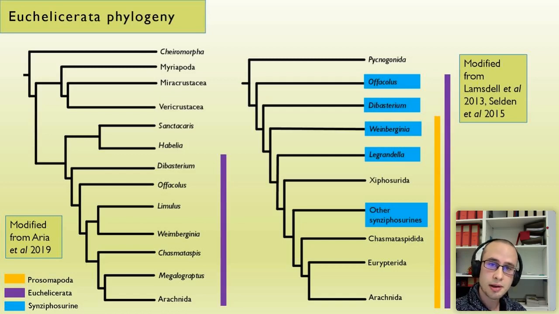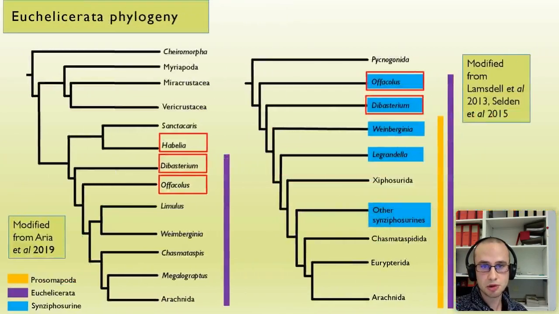Instead, on the right phylogeny, you can see the division of the Euchelicerata into Prosomapoda, which basically includes all the Euchelicerata except two synziphosurines, Offacolus and Dibasterium. So I would like you to focus on Offacolus and Dibasterium, as well as on Habelia, because they are going to be part of our discussion.